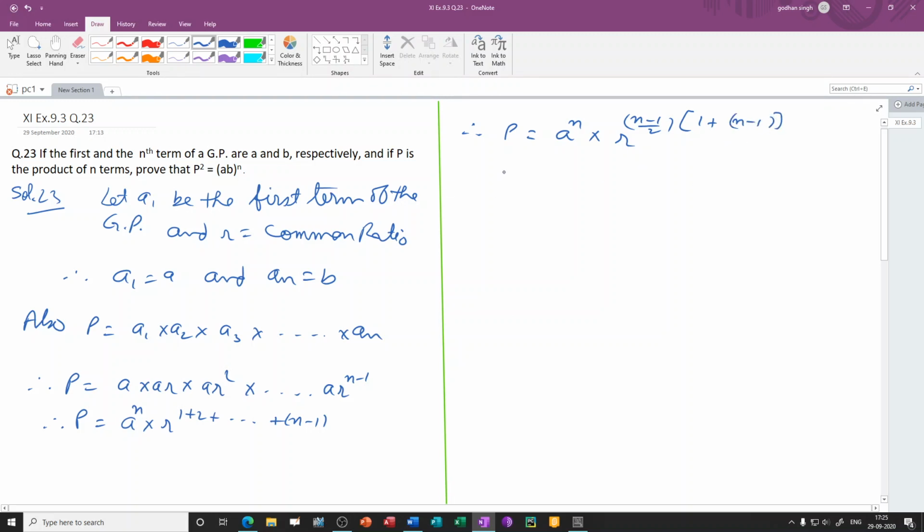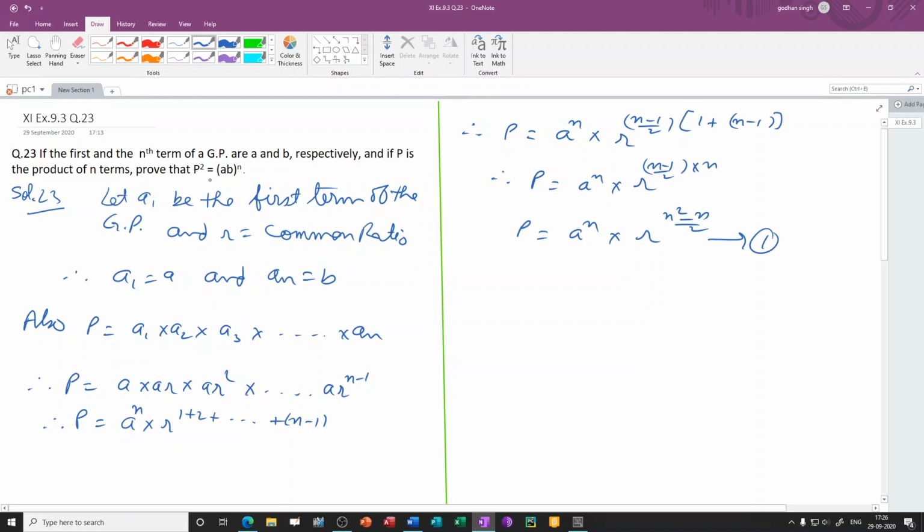Therefore P equal to A raised to n into R raised to n minus 1 over 2, and simplifying this, we get P equal to A raised to n into R raised to n square minus n over 2, and let this be question number 1.